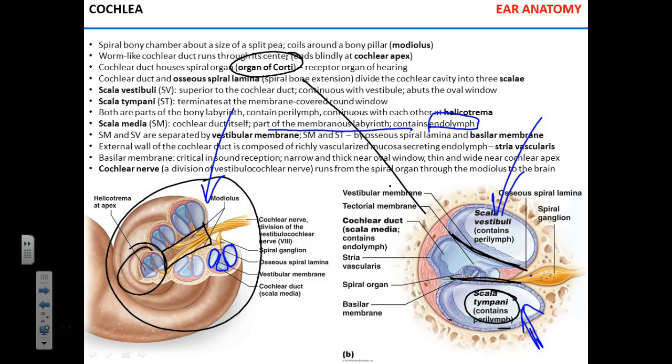Okay? Stria vascularis, which can be found in the wall of the scala media, produces endolymph. Okay? And finally, the cochlear nerve approaches the spiral organ, and essentially its function is to transmit the electric impulses, the nervous impulses corresponding to the sound, to the central nervous system.